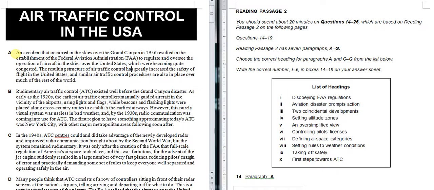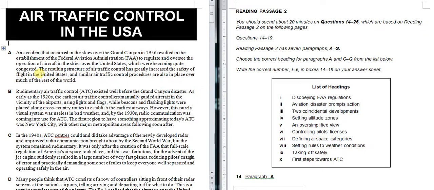Okay, let's get started. Let's take a look at our first example question set. Notice the title here, Air Traffic Control in the USA. And notice that we have no subtitle, which is very common when we're dealing with headings. A subtitle would give us too much knowledge about the style of the text or the overall structure of the passage.